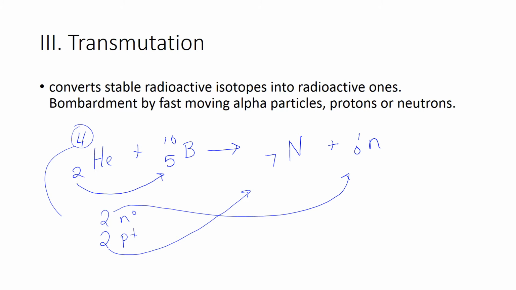So that means I have 1 neutron and 2 protons that I'm going to add to this mass number. So now I have a mass number of 13, okay, because not all 4 of those particles combined into the nucleus of nitrogen when I bombarded that. So now we have a less stable, more radioactive isotope through the bombardment of alpha particles on boron.